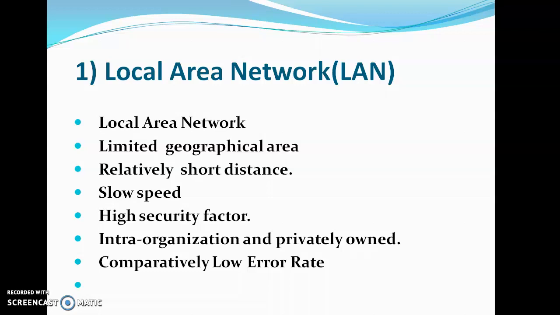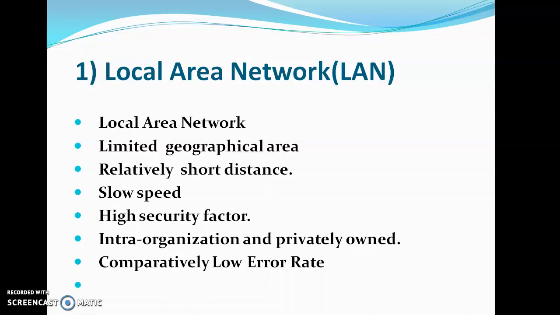First one, the local area network. From the name itself, this implies that this particular network covers a very small geographical area. That means it permits sharing of data or resources within a very limited geographical area.